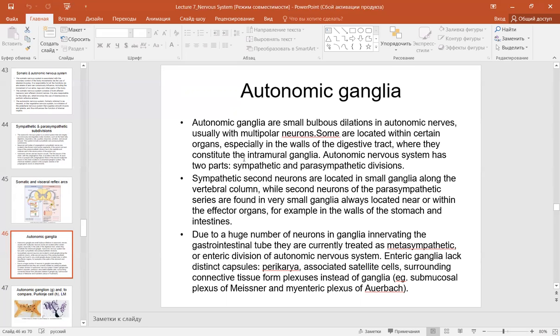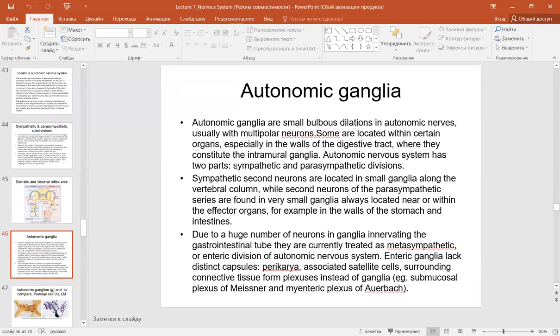Sympathetic second neurons are located in small ganglia along the vertebral column, while second neurons of the parasympathetic series are located in very small ganglia, always near or within the effector organs, for example, the wall of the stomach and intestine. Due to the huge number of neurons in ganglia innervating the gastrointestinal tube, they are currently treated as the metasympathetic or enteric division of the autonomic nervous system.